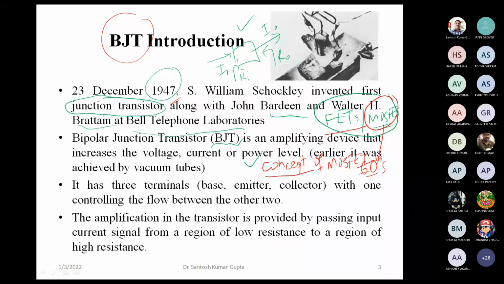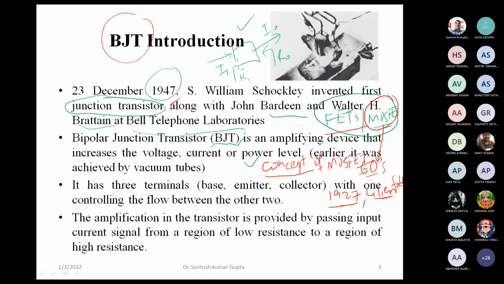Around 1927, the concept of MOSFET was coined by someone called Lilienfeld. He even patented this idea, and this was revealed only after the invention of the BJTs, that someone had already patented the idea of MOSFETs.